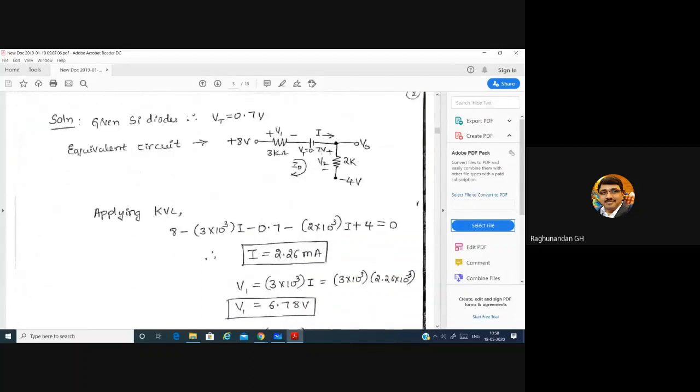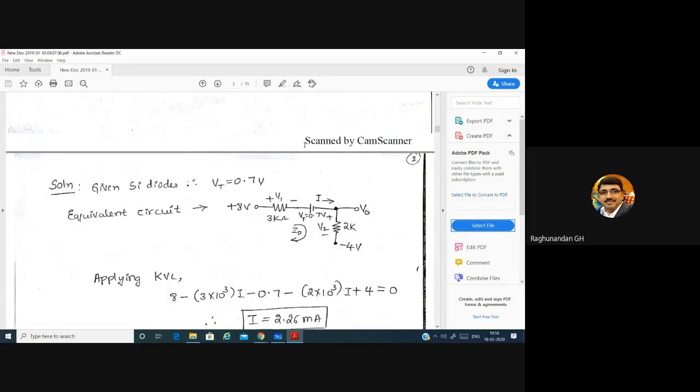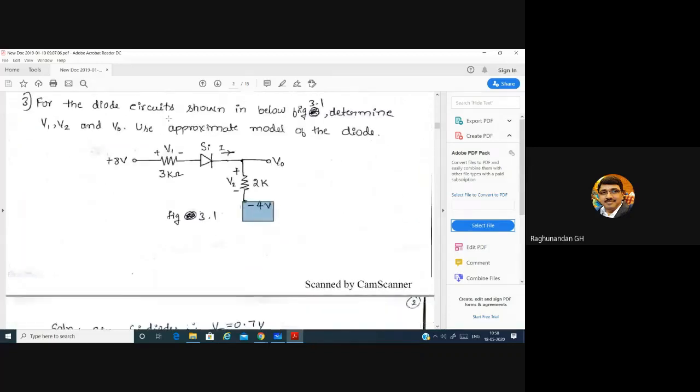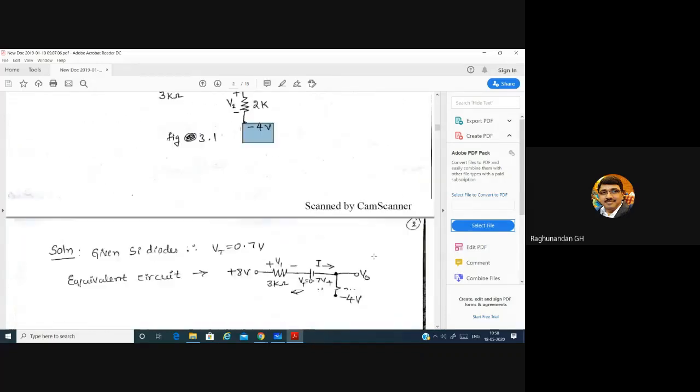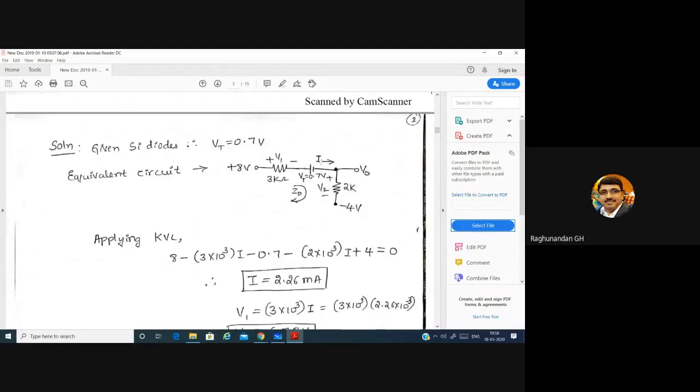Whether to write the entire circuit or not is left to you. But when they ask for an approximate model, then you have to replace this diode by a battery. At least that you have to show.